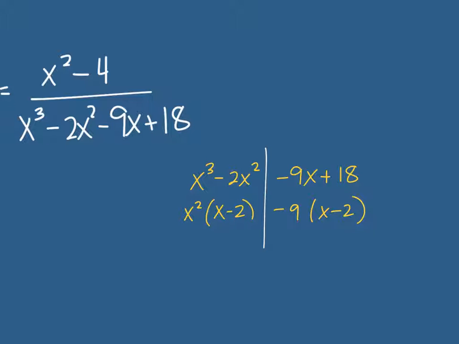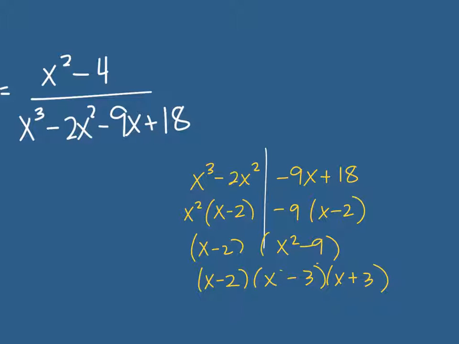An x minus 2. Factoring that out leaves you with x squared minus 9. And you're like, oh, x squared minus 9, I can factor that. I'll write that as x squared minus 9, and then we can do x minus 3, x plus 3. So this was factored into 3 linear factors. So that's done with split factoring.